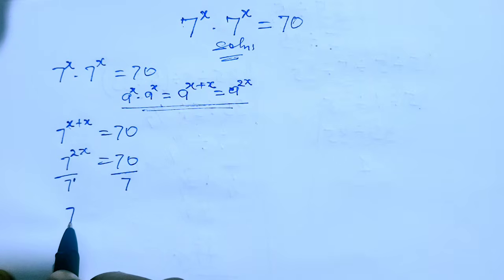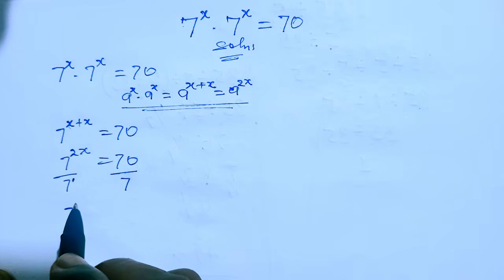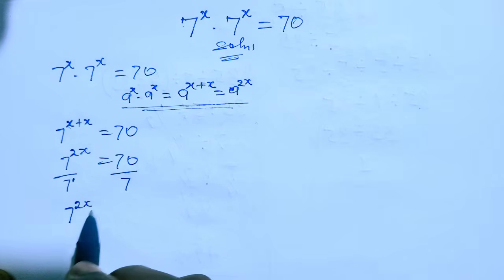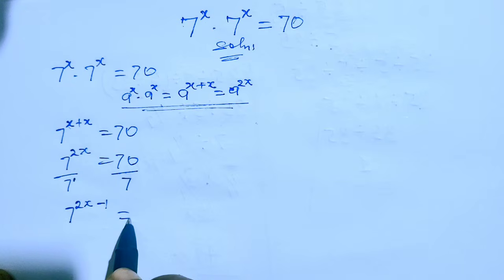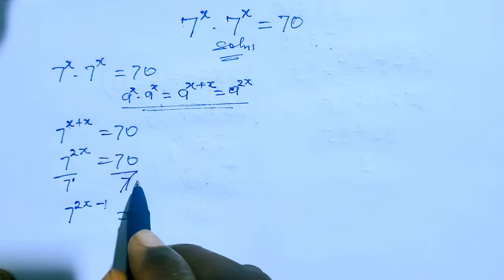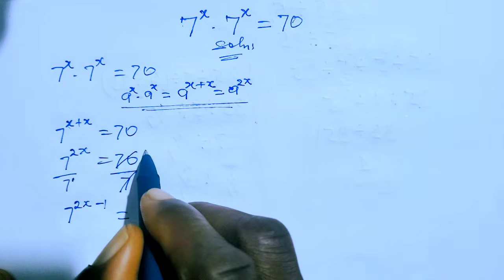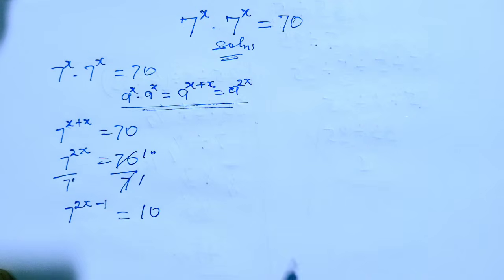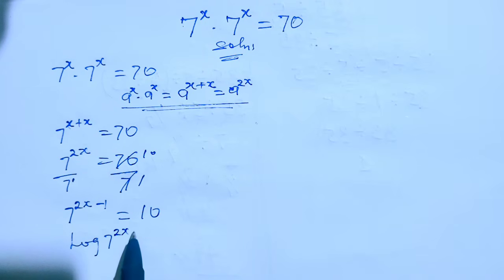We pick one of the bases and we subtract the powers, we have 2x minus 1 equals, here 7 divided by 7 and 7 into 70 gives us 10. At this point, we are going to take the logarithm of both sides of the equation, and we are going to have log 7 to the power of 2x minus 1 equals log 10.